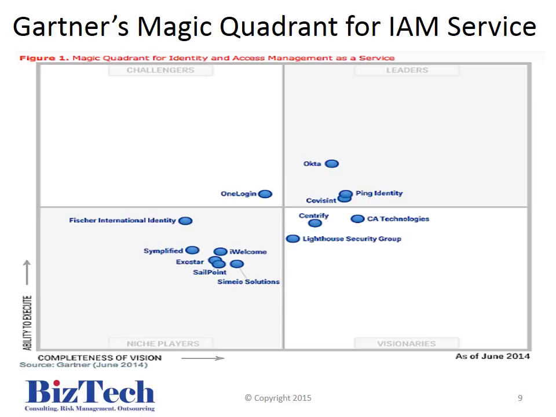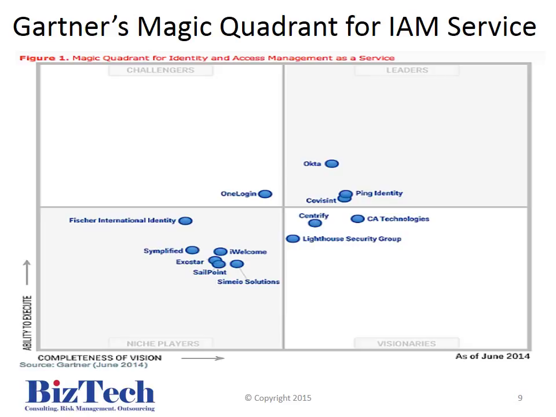Now again, the other part was cloud-based service. So this graphic shows Gartner's Magic Quadrant for IAM cloud-based service providers, where they rank. CA is there, as you can see, high on the visionary side.